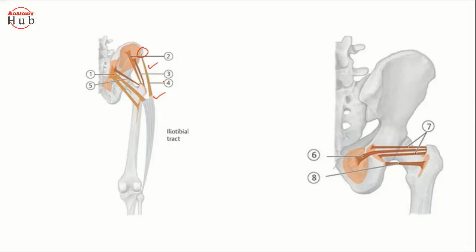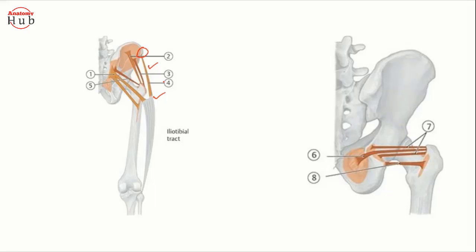At this point that you can observe, and this iliotibial tract and the tensor fasciae latae are also innervated by the superior gluteal nerve, and its root value, as I told you, is L4 to S1.